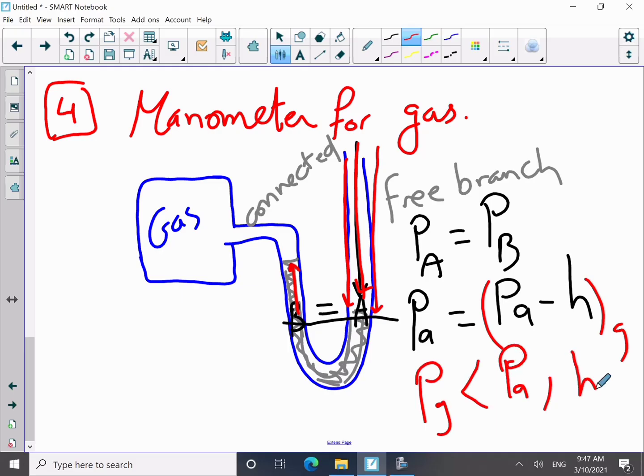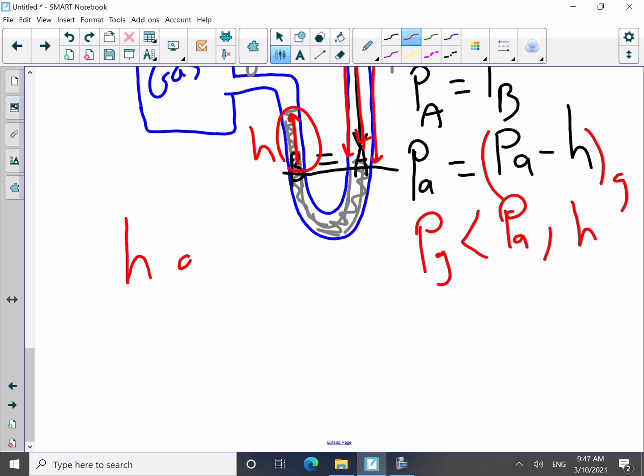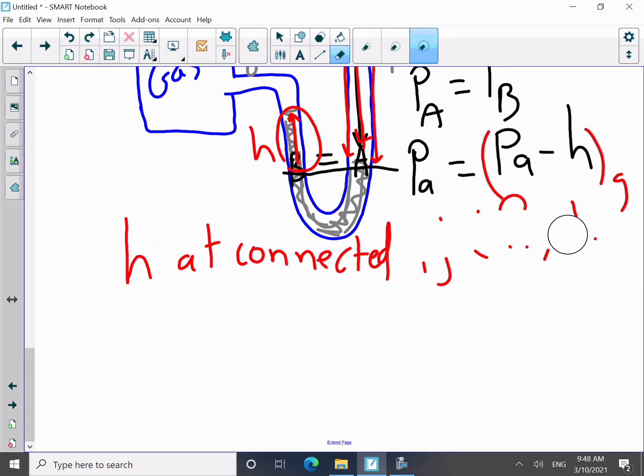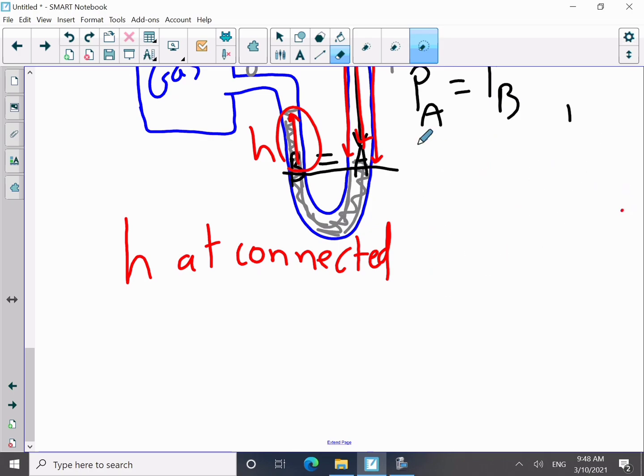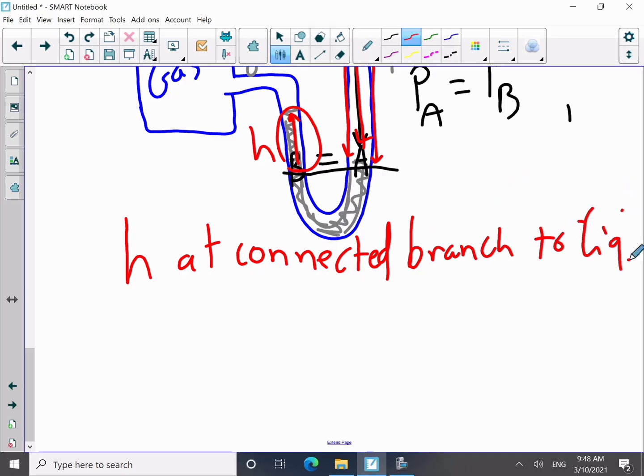Why difference? H. What is the H? It is the height of the mercury at the connected vessel. So the H at the connected branch to the liquid, so the pressure of the gas will be equal the atmospheric air pressure minus the height.